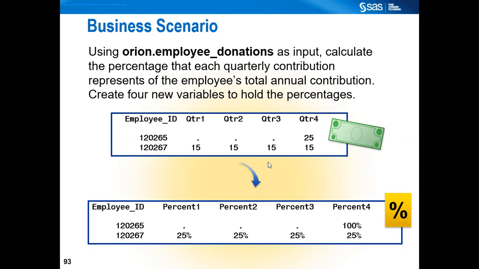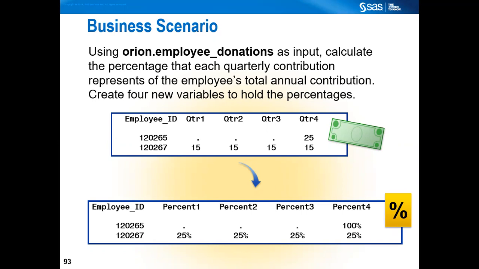Out of the contributions in the quarters, we'll get the percentage values of how much they are contributing. We have Orion.employee_donations as input data. We have to calculate the percentage that each quarterly contribution represents of the employee's total annual contribution. Create 4 new variables to hold the percentage.